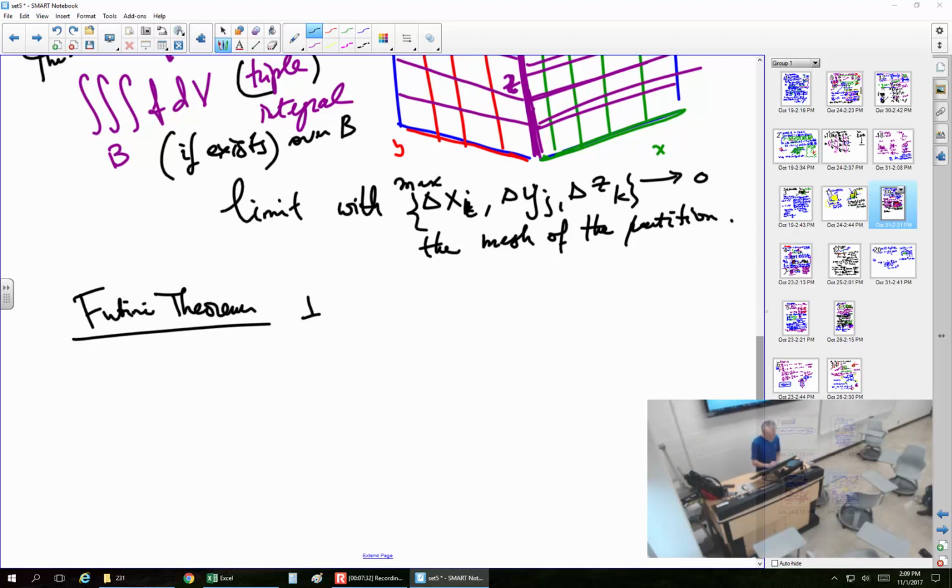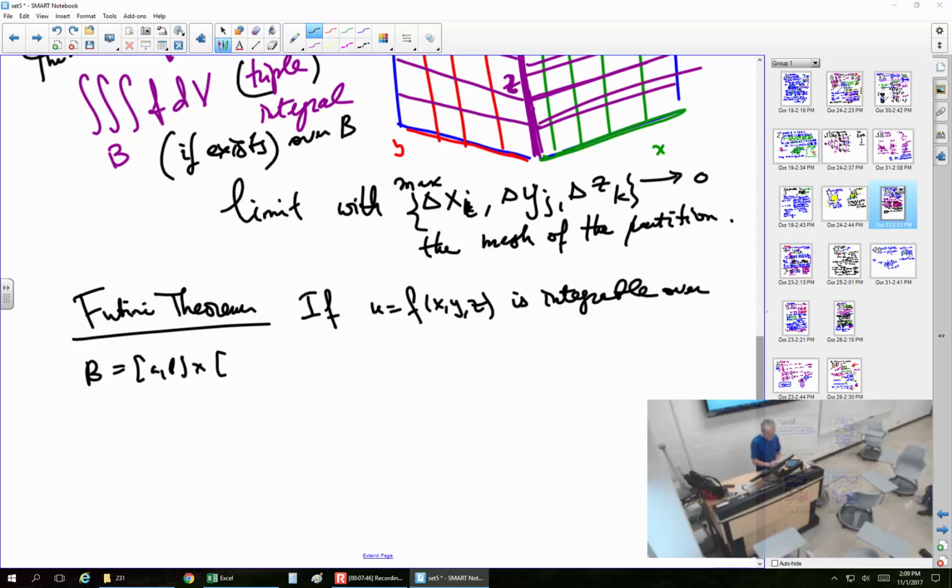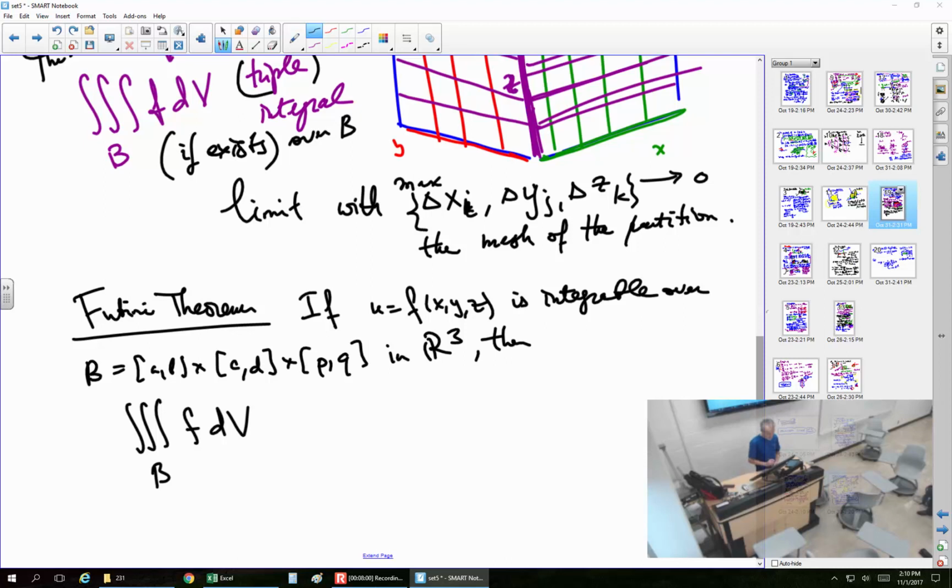Okay, so if f(x, y, z) is integrable over this box [a,b] cross [c,d] cross [p,q] in R3, right? Then our triple integral over B, f dB, is equal to, and now we consecutively compute three integrals.